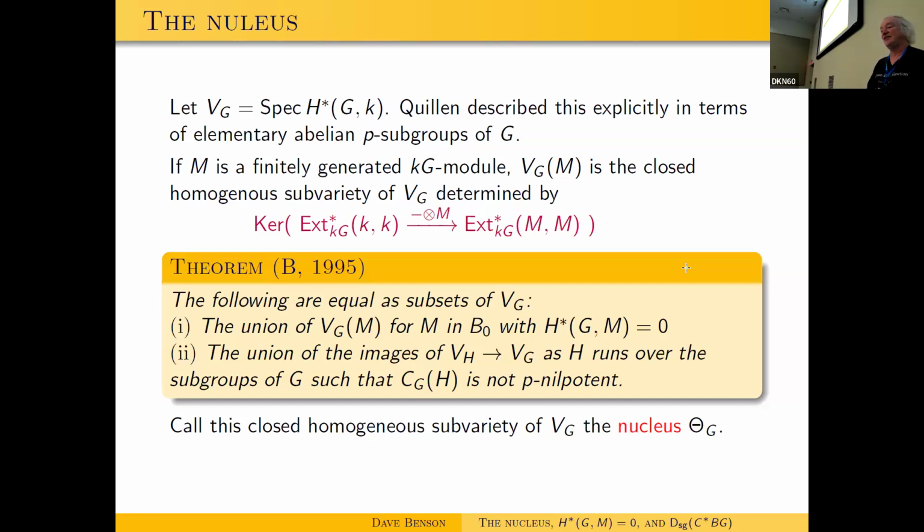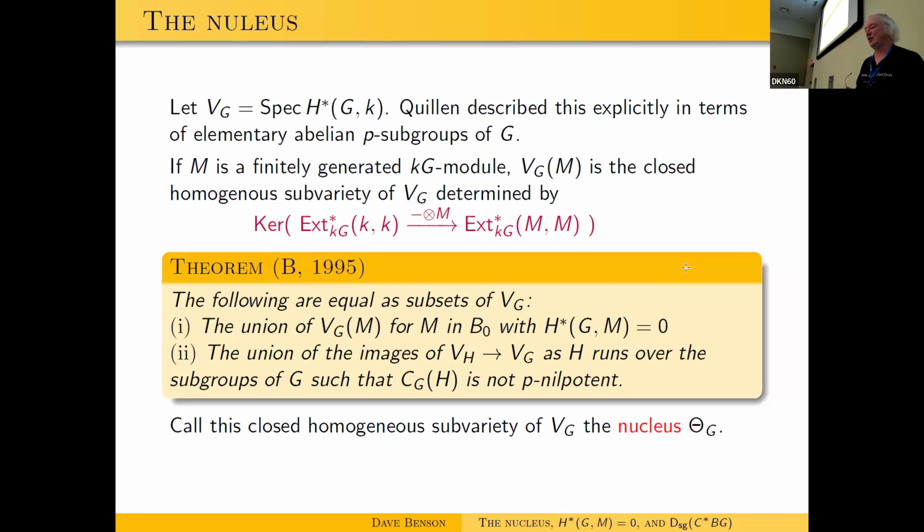If M is any finitely generated module, then we can make an easy definition of the support variety of that module as follows. You just take the tensoring with M map from Ext(k,k) to Ext(M,M). If you think of Ext(k,k) as being Yoneda extensions, you're going to tensor this over k with M to get a Yoneda extension of M with M. Tensoring over k is exact, and so that actually gives a well-defined extension.